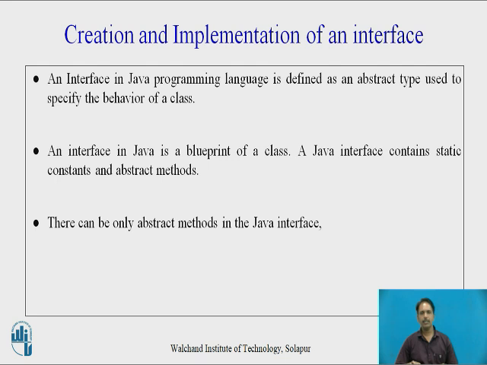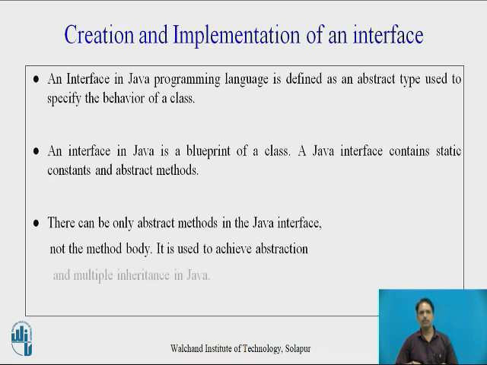So there can be only abstract methods in a Java interface. Basically, a Java interface is used to define a template or a blueprint for some class. It contains only abstract methods, and abstract methods do not contain any method body or implementation.